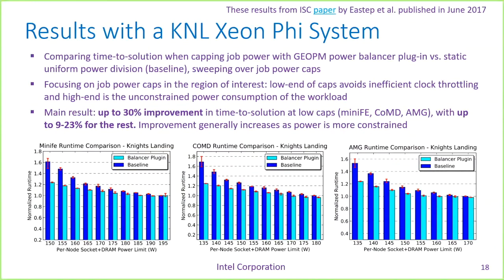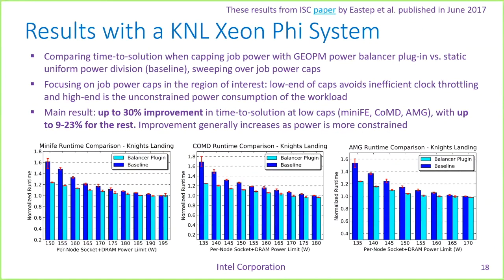We want them to be doing efficient power reduction techniques like DVFS rather than inefficient ones like clock throttling. And at the high end, we chose the high end of the power caps to be the unconstrained power consumption of the workload, meaning that if you were to set the power cap any higher, it's not possible for the workload to use any more power than that because all of the processors are already running at full frequency.